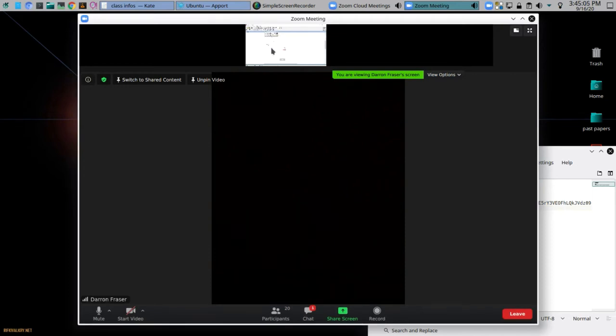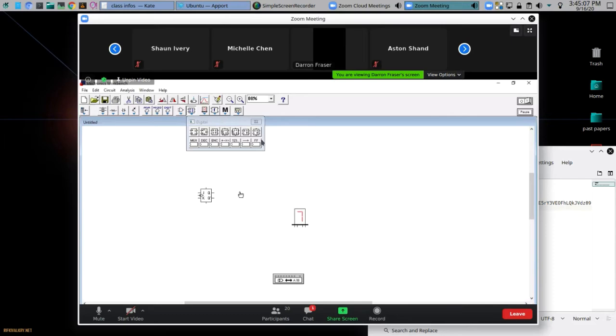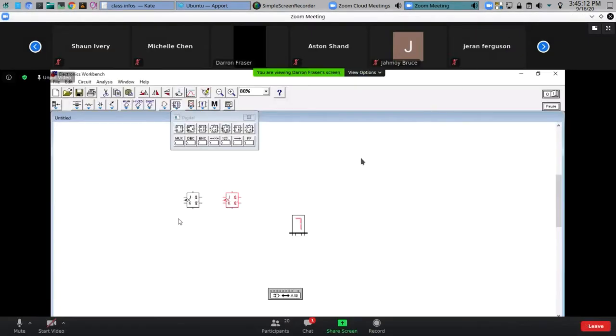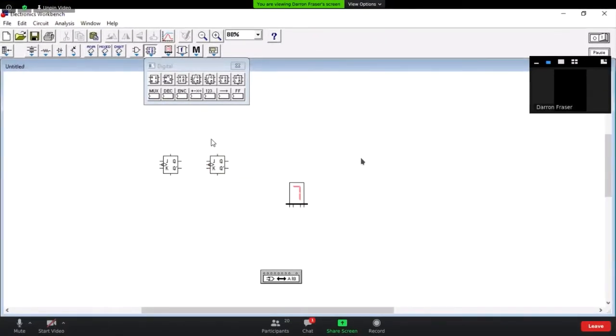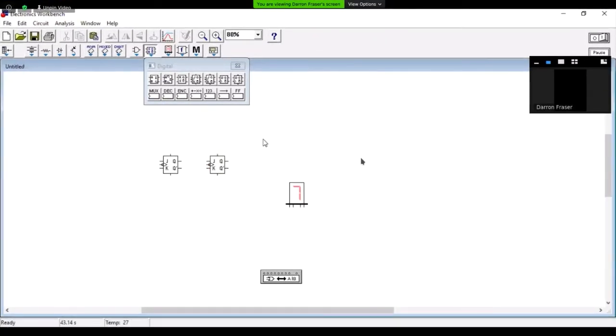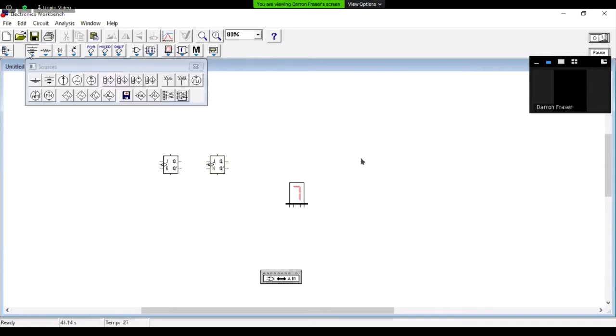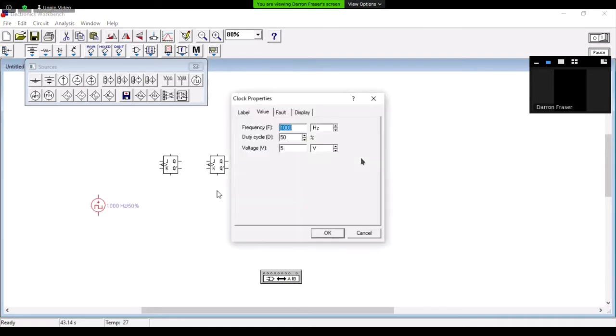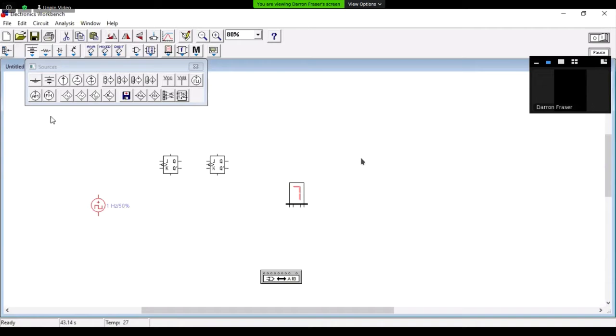So I need 2. I'm going to need an AC cable. Too fast, change it to 1 hertz. So hopefully we can see what is going on. And we're going to connect up that.